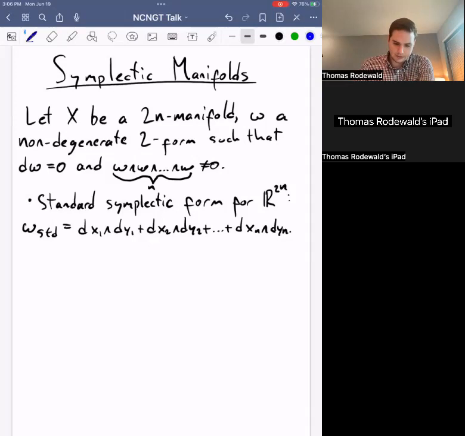The standard symplectic form for R^2n is dx1 wedge dy1 plus dx2 wedge dy2 plus ... plus dxn wedge dyn, in the coordinates x1, y1, x2, y2, and so on, up to xn, yn.